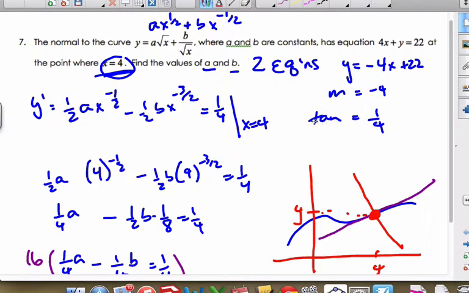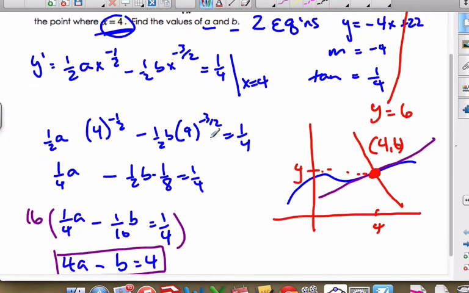So if I come along here and plug in 4 for x in 4x plus y is 22, I can see that y is equal to 22 minus 16 is 6. And so this coordinate here is 4, 6. This coordinate is on this function here.